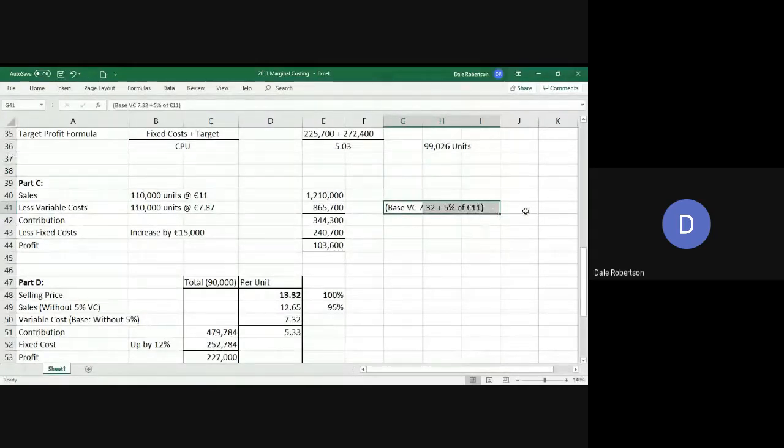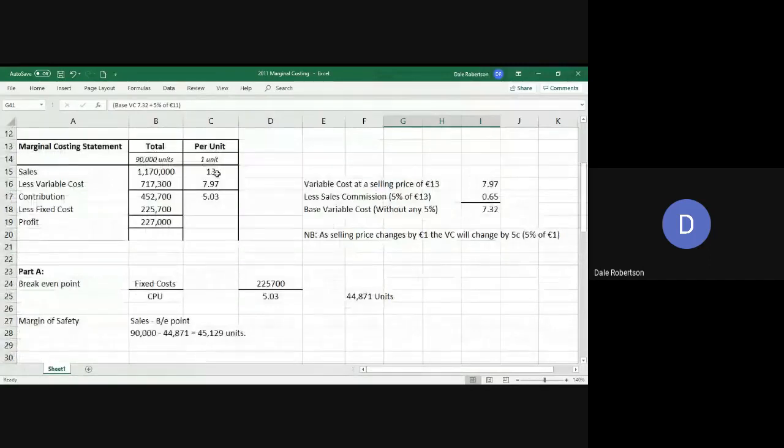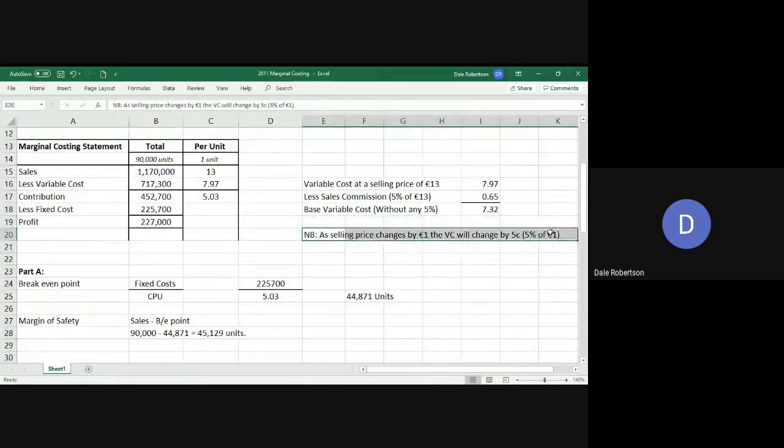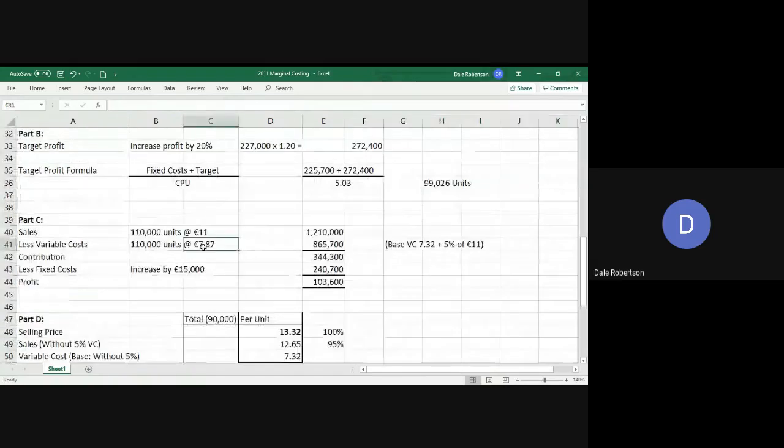We could also say that because the selling price has gone down by €2, well, then the variable cost is going to go down by 5% of €2, which is 10 cents, and that brings that from 7.97 down to 7.87. That's where we get this number from. So there's two ways of doing the same thing there, and you can use one to cross-check the other.